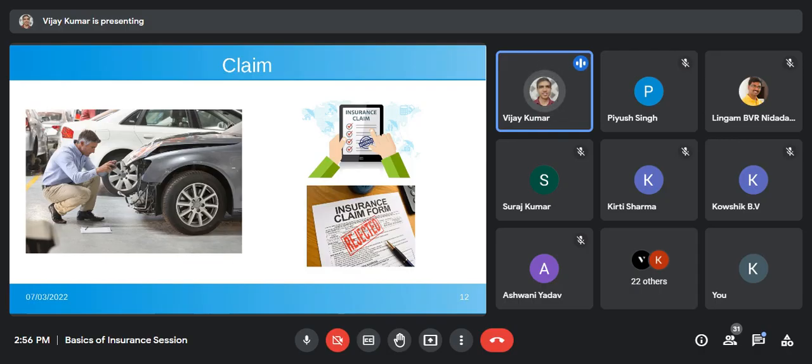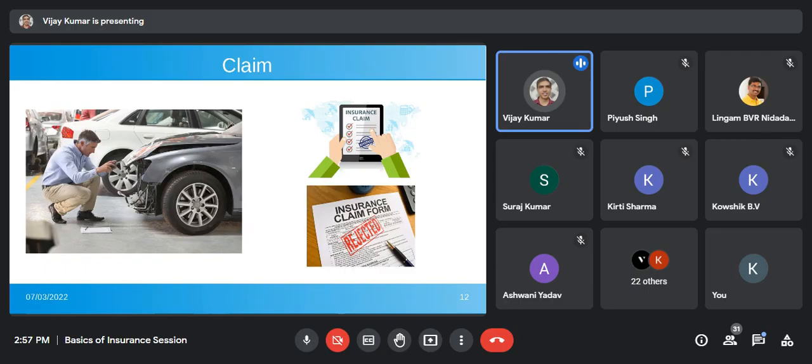Basically, you are notifying your insurance carrier that this loss has happened. Okay, and I'm filing for the claim that I have this policy with you, which should cover my risk. So it is similar to what FIR is, right?